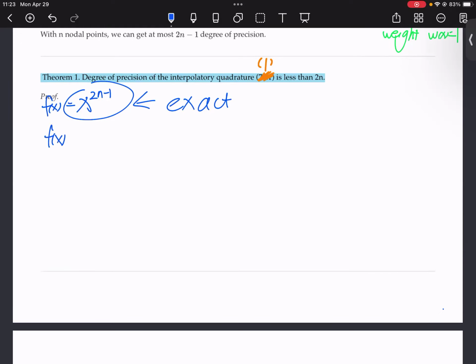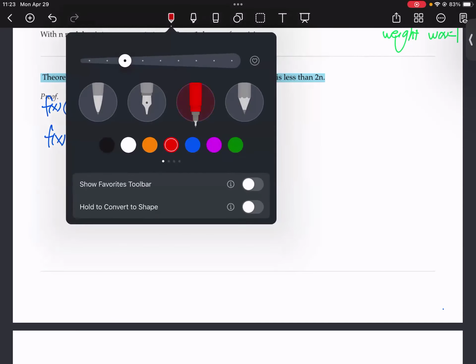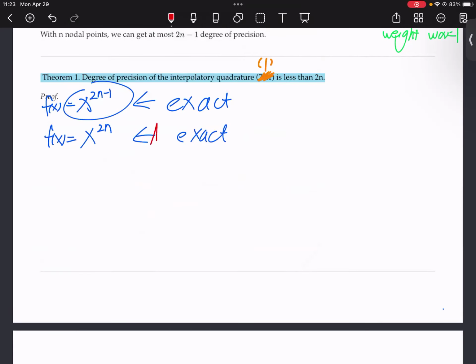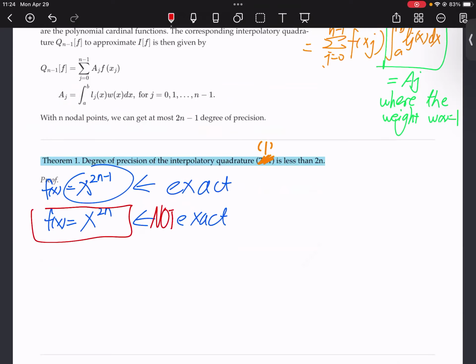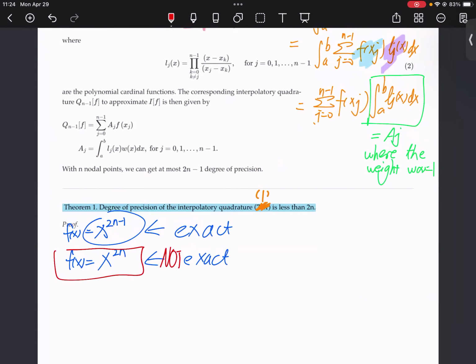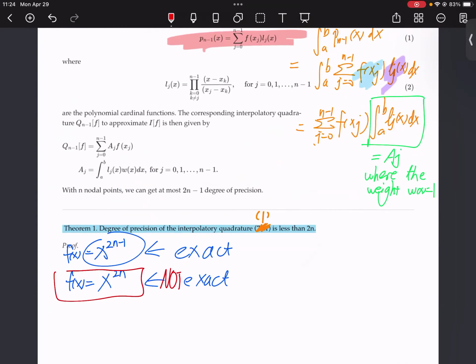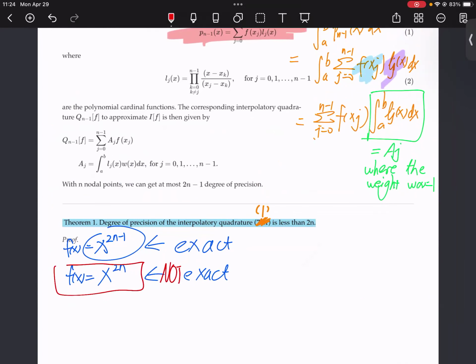And if we plug in the polynomial of degree 2n, this rule is not exact for this polynomial degree. And so the idea is here.